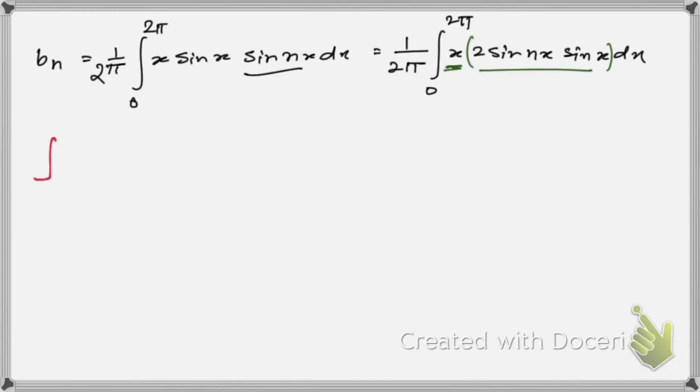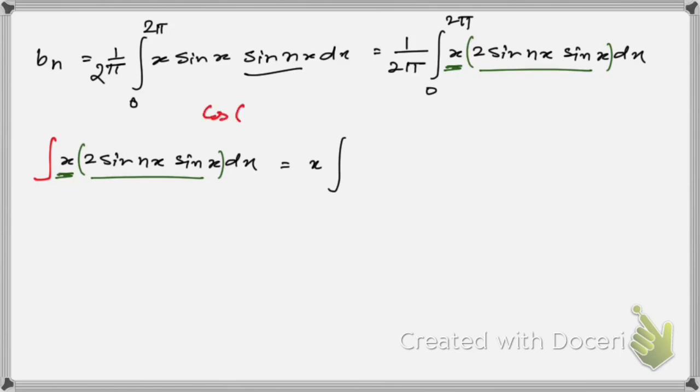Integration of x times 2 sine nx sine x dx, right? Let me integrate this first using the product rule. If you use that product rule, then what you will get, x times the integration of 2 sine nx sine x. Here we're going to use the trigonometric identity, and that is cos(a minus b) minus cos(a plus b).